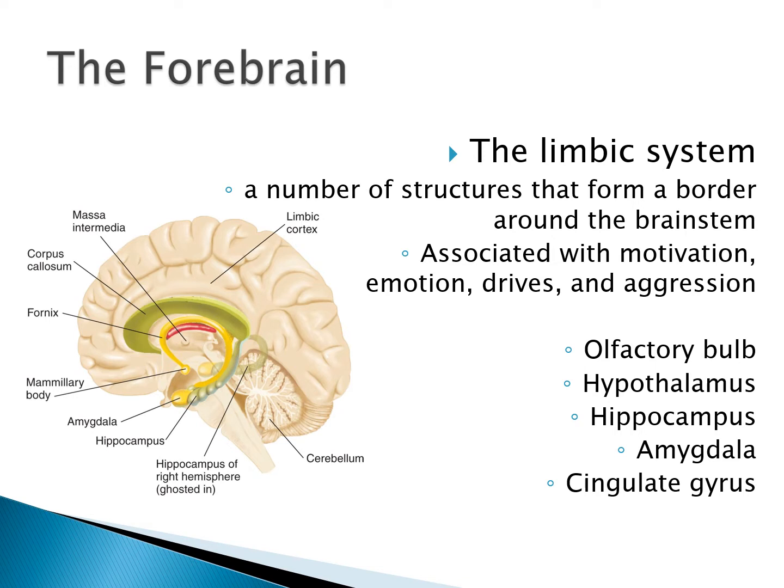So usually it includes at least the olfactory bulb, the hypothalamus, the hippocampus, the amygdala, and the cingulate gyrus. From this picture, you can also see part of what's really in there and connected to all of this are the mammillary bodies and the fornix.